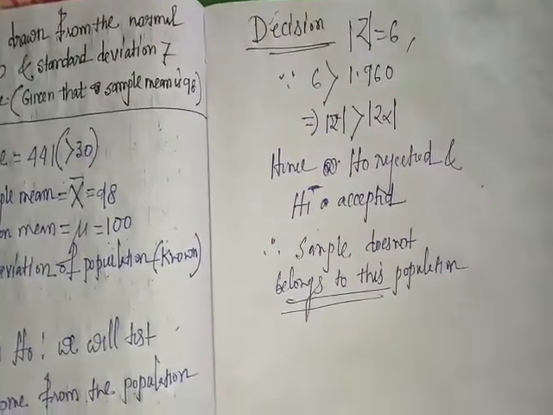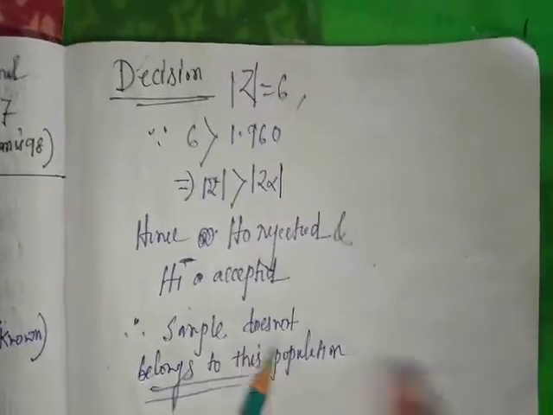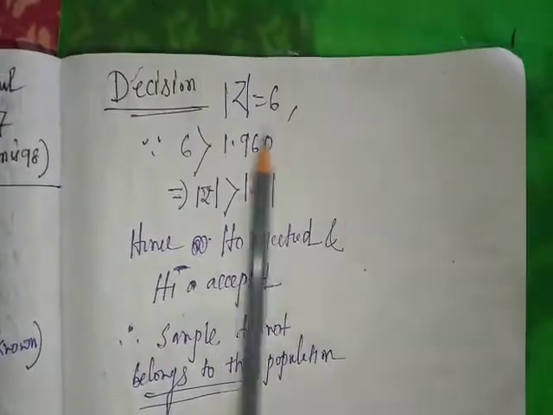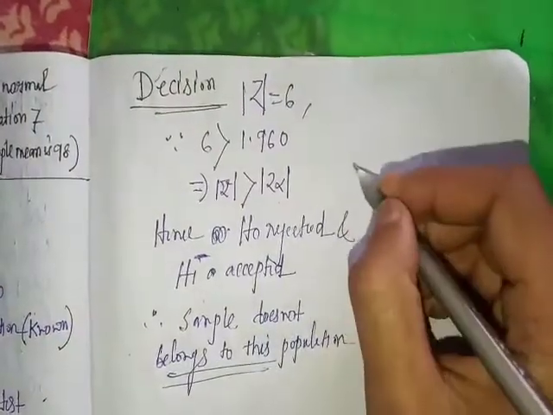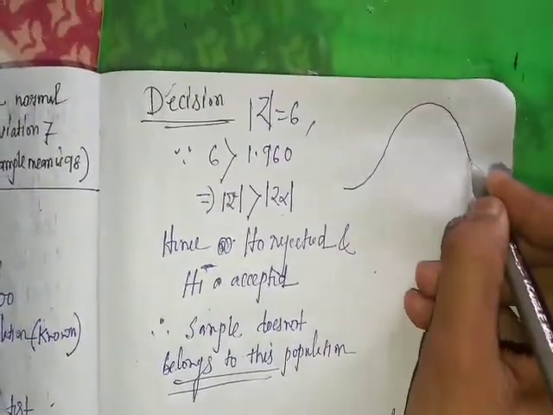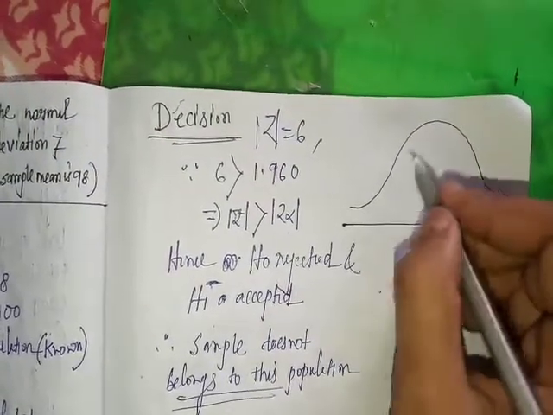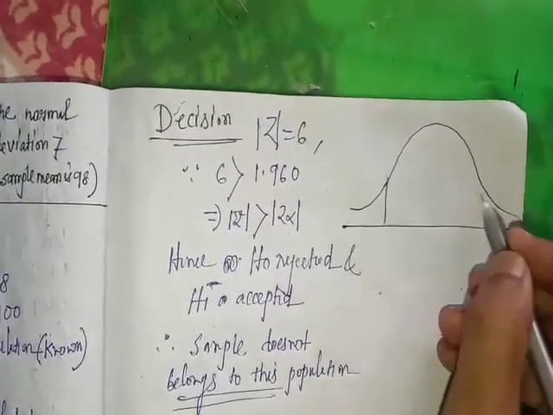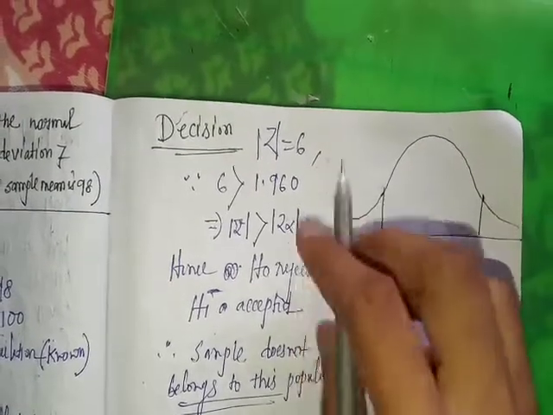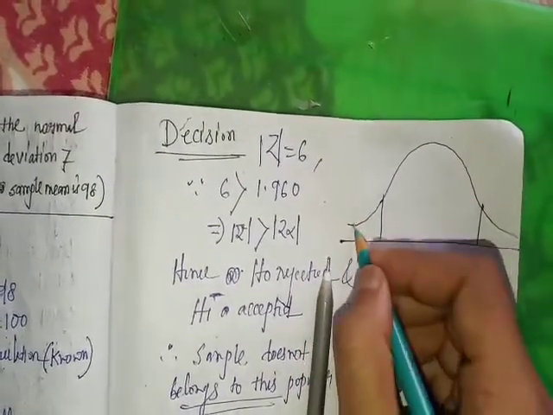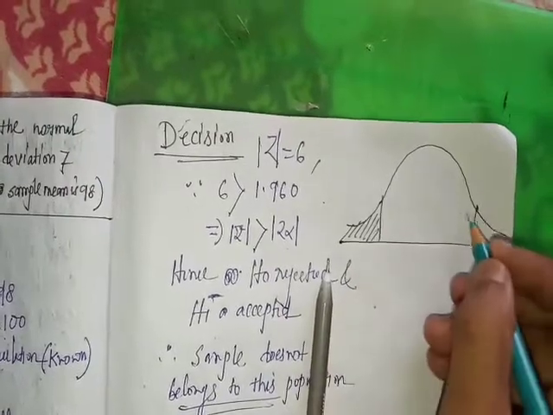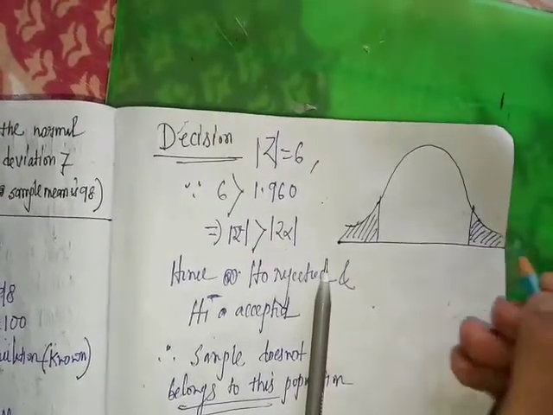Now we will draw this figure. Since this is a two-tailed test, error will occur on both sides.